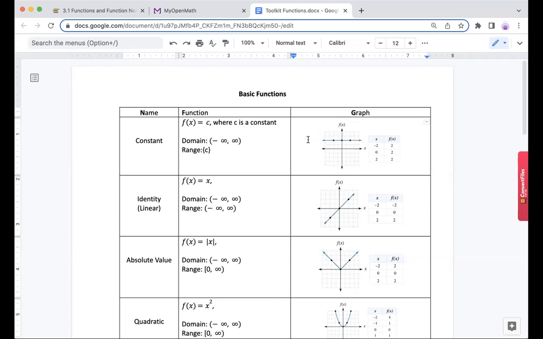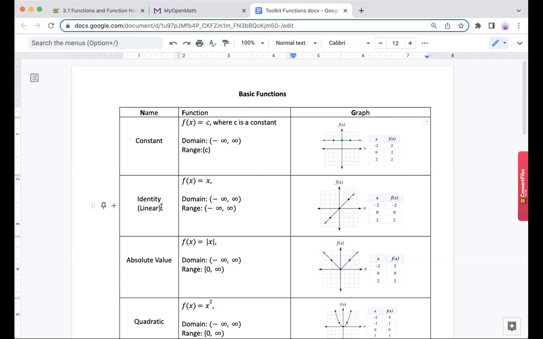So you see that value everywhere from left to right. You can pick any number, therefore the domain will be negative infinity to infinity. And the range is the y-axis. In here, all the values equal 2, so therefore the range for this graph would be just the number 2. In general, if f of x equals c, then the range is just the number c.